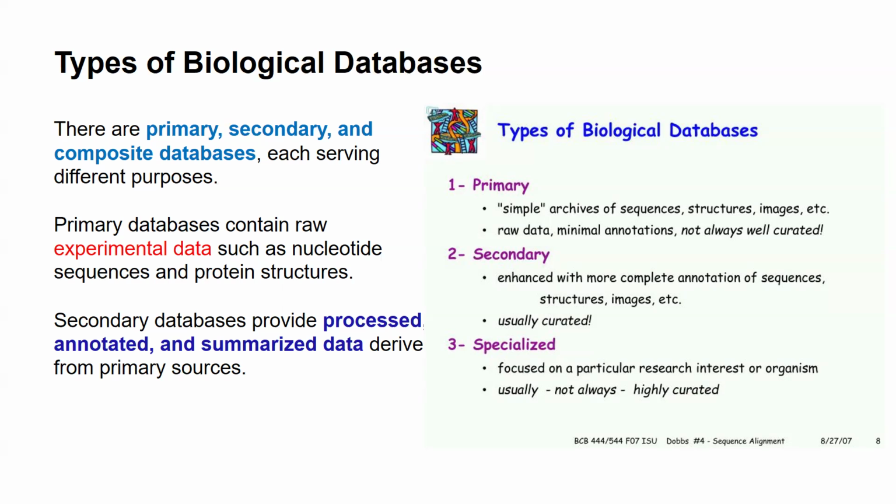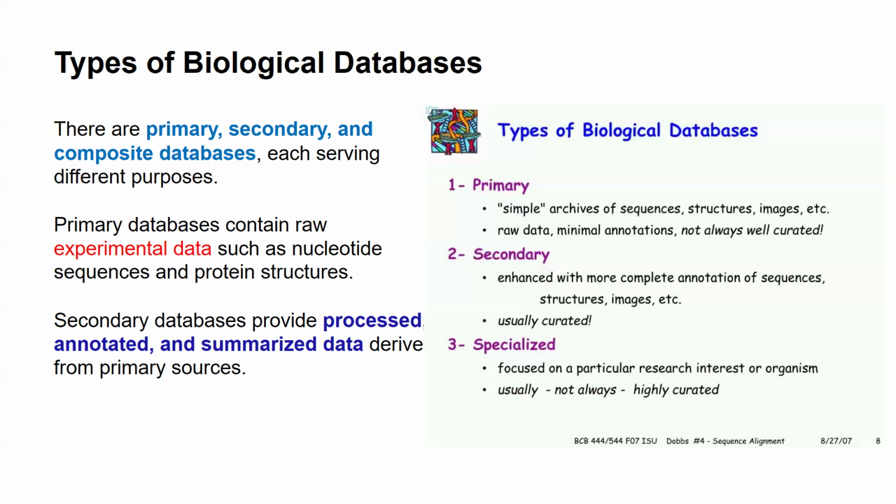When you process, annotate, and summarize the data, that is where you have secondary databases. So primary data can be in the form of sequences, structures, and images, etc.